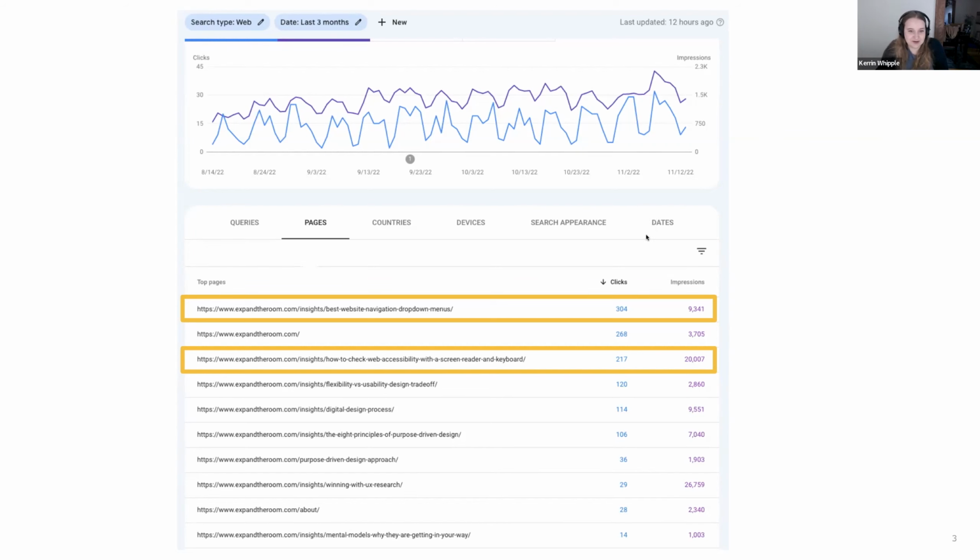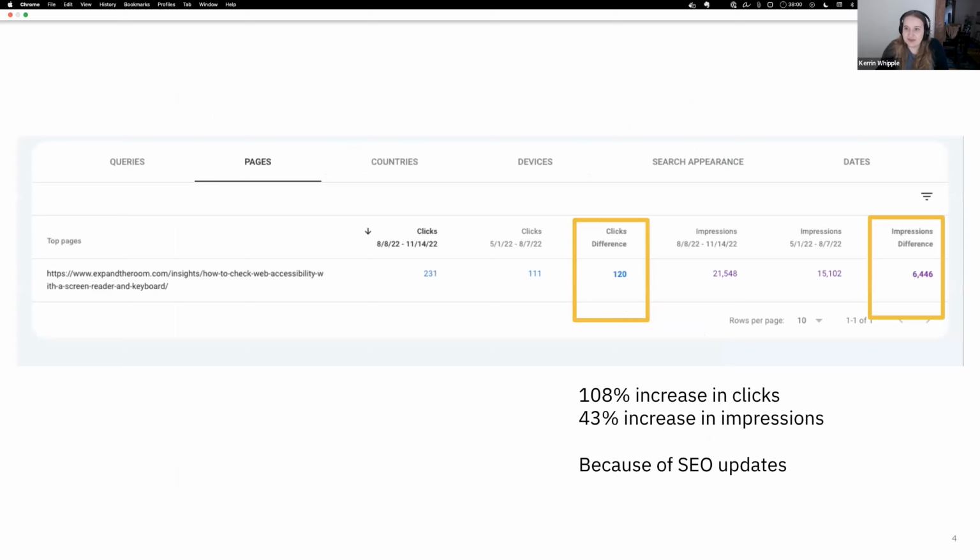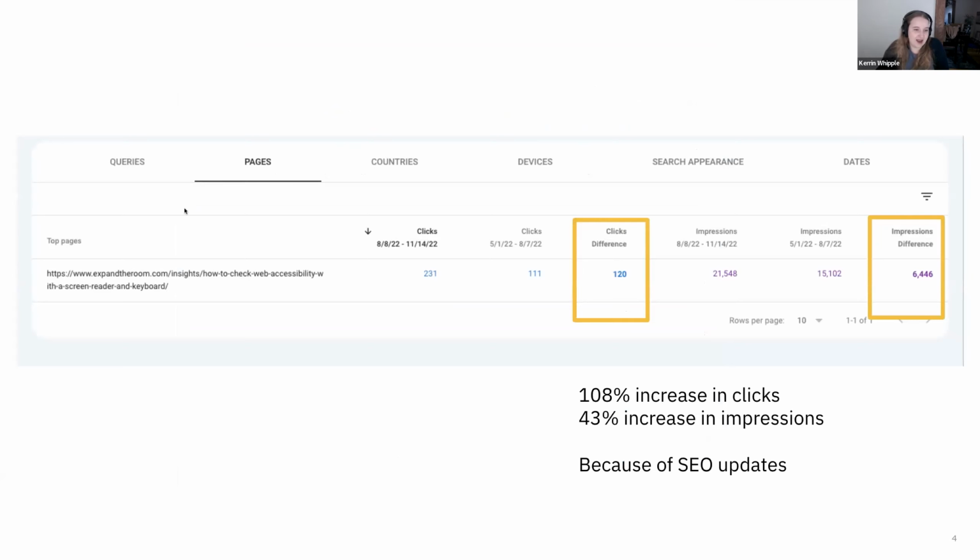So yeah, and also with the second article, how to check web accessibility with a screen reader and keyboard, we specifically in August made some search engine optimization updates to it. This was a little after the fact, but really it was just a transcript before of another knowledge hour that I did. And we decided, since it was kind of getting traffic on its own, can we make this better?